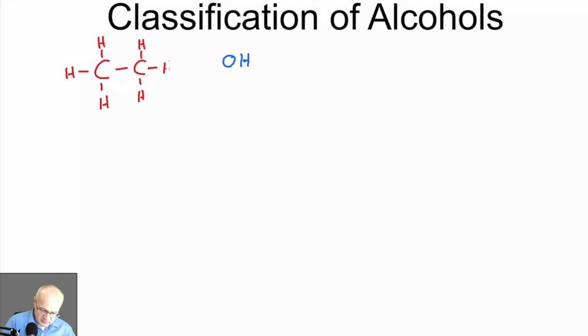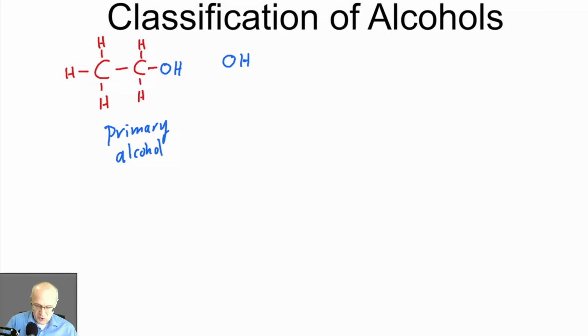Let's erase it and put that OH on there. Because this carbon, we've already identified it as primary. It has one other carbon attached to it, which is why it's primary. The OH is on a primary carbon, so this is referred to as a primary alcohol. Very good. No problem at all.